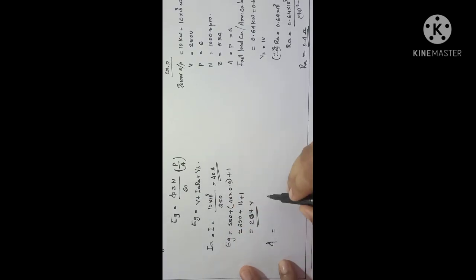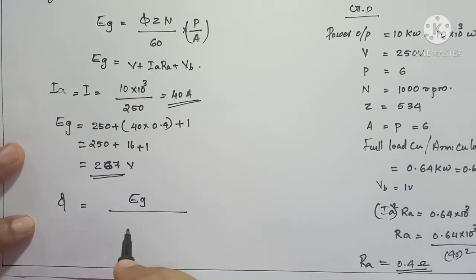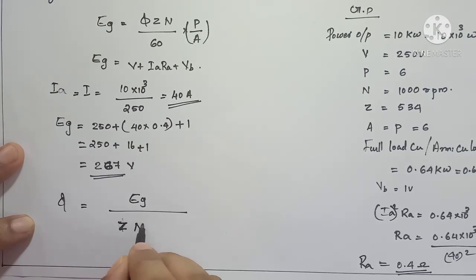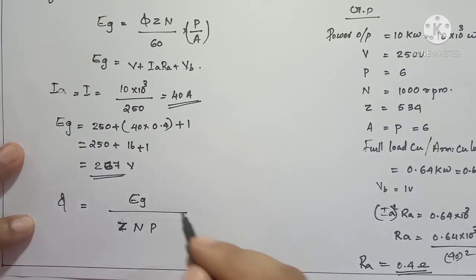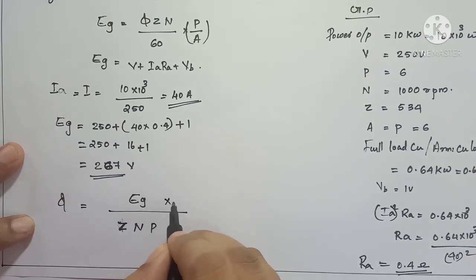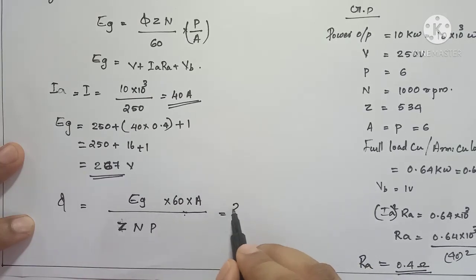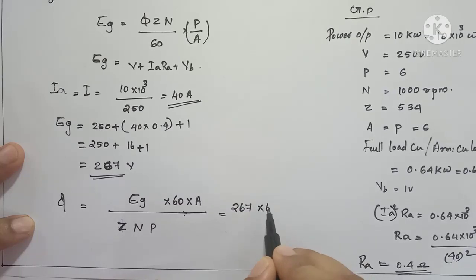Phi is equal to Eg divided by Z into N into P, and 60 into A. So by substituting the value, Eg is nothing but 267 into 60.